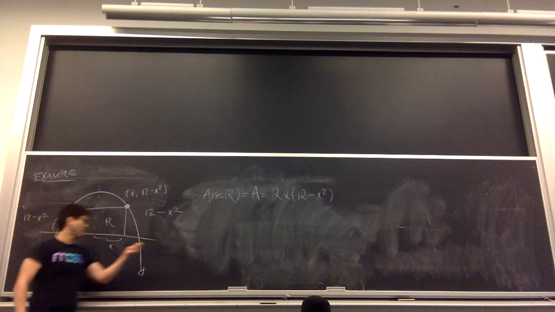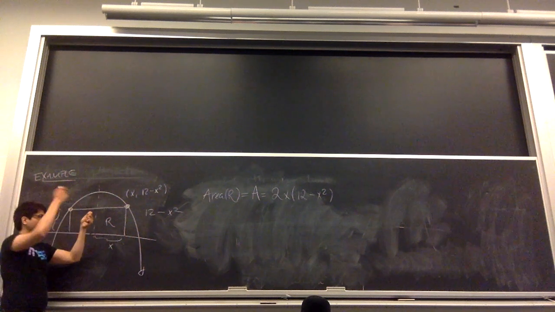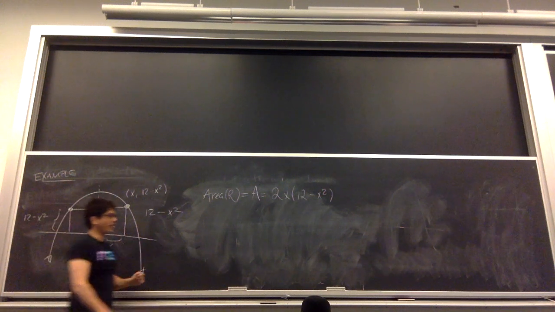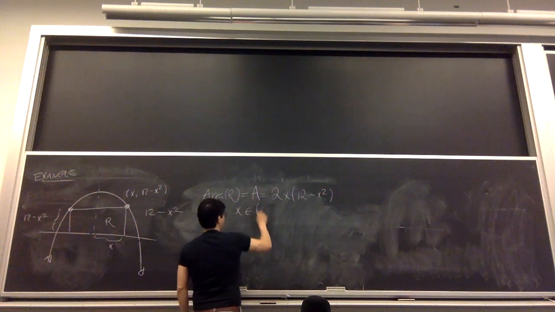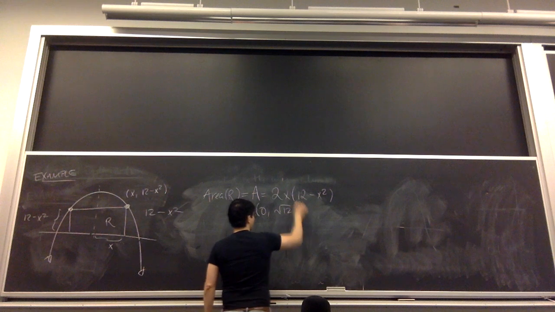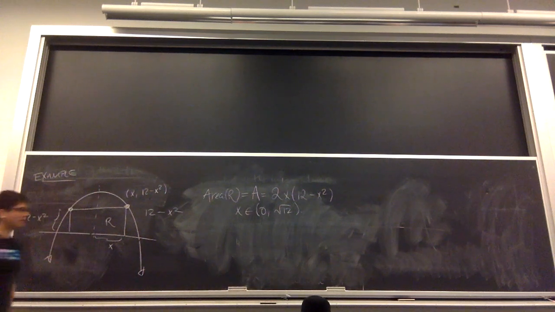No. So clearly I can start at 0. That's going to give me that rectangle, really the single line. And the biggest I can move it to is there, which is the square root of 12. So x can be at least 0 and at most the square root of 12 with open brackets, because you can't actually obtain those points.